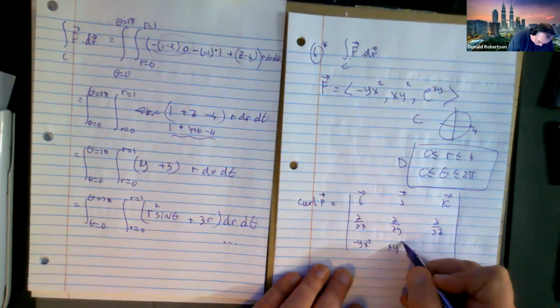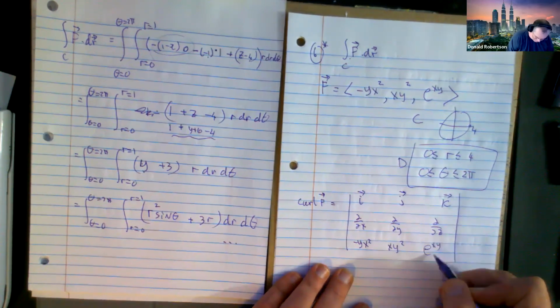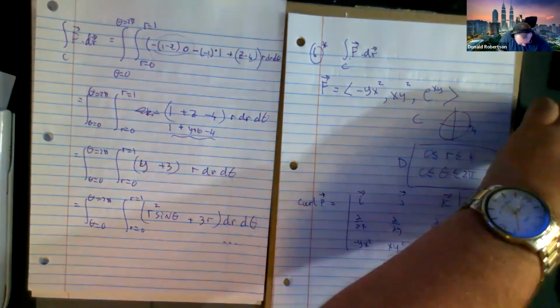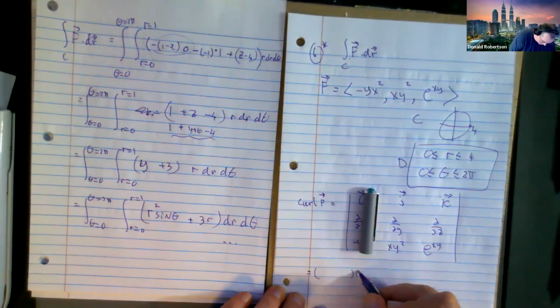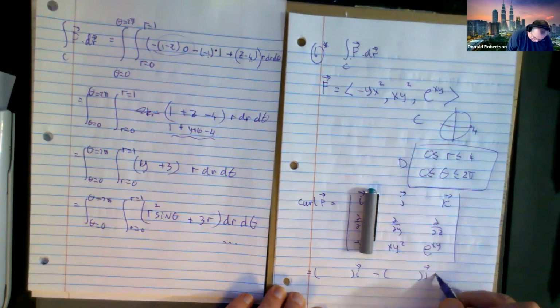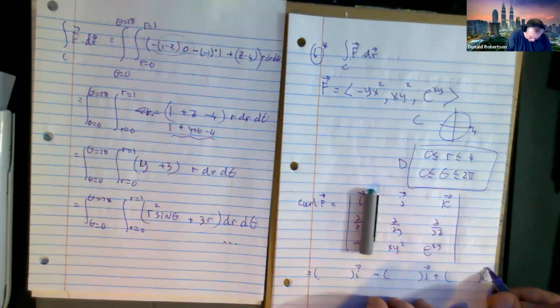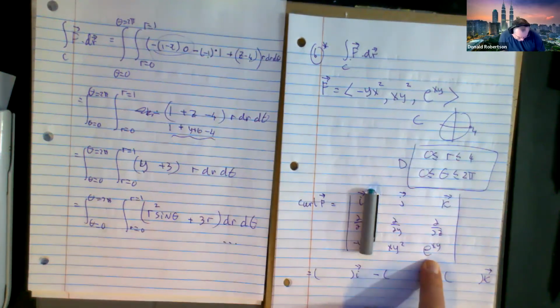We have an xy squared. And for some reason, we have an e to the xy. I hope that doesn't actually join in. So many i's, take away so many j's, plus so many k's. Oh, shooting space, it is going to be in the question.